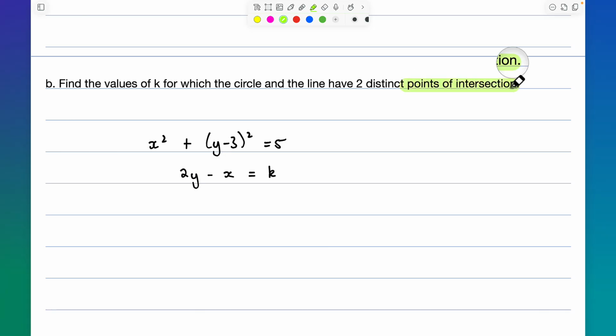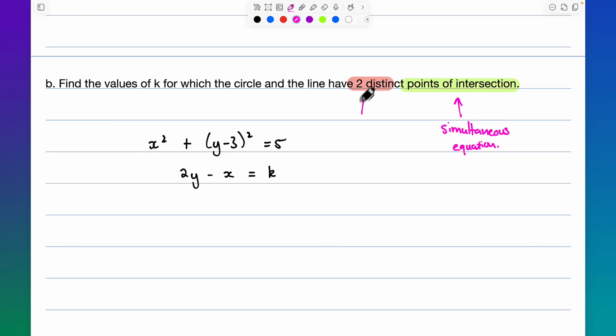Points of intersection, that's an important piece of information, and the fact that we have two of them. Two distinct, what does that mean? Points of intersection tells us that we need to use simultaneous equations, so you have to substitute one equation into another to combine the two.